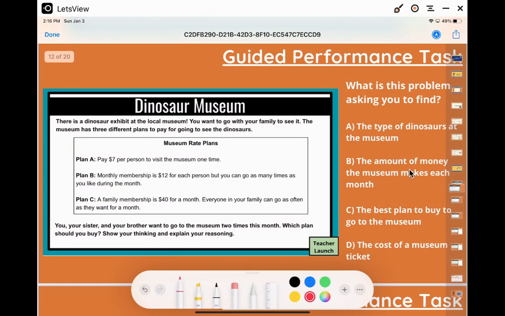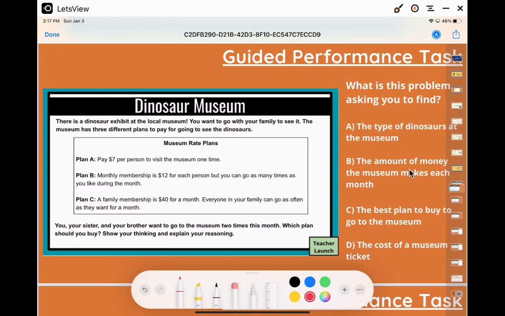I'm going to leave this question on the screen for a couple of minutes for you to read through again yourself. And the question that is going to appear in your Nearpod in just a second is, what is this problem asking you to find? Is it A, the type of dinosaurs at the museum?